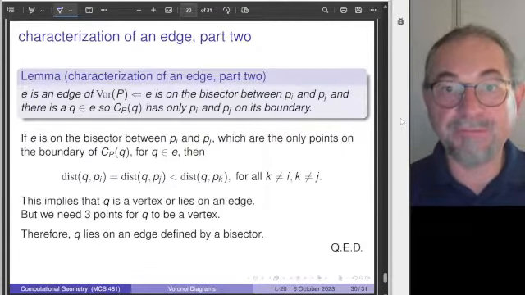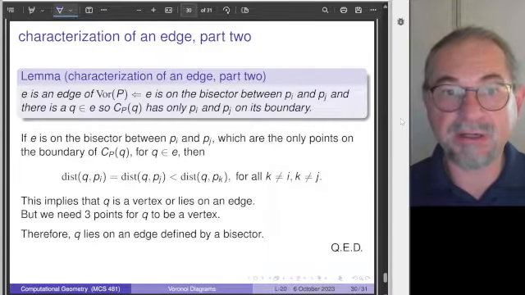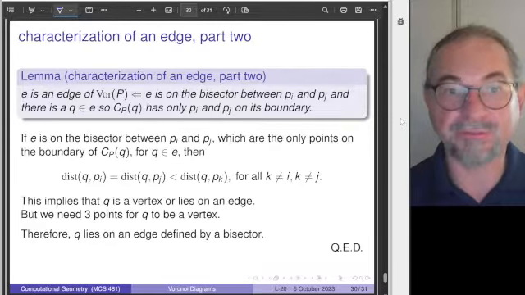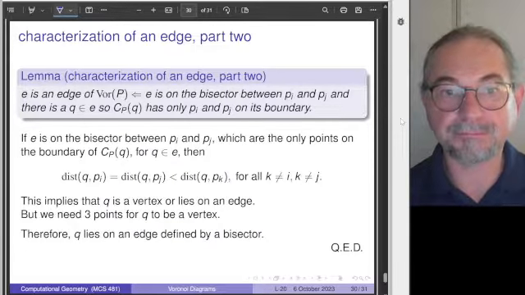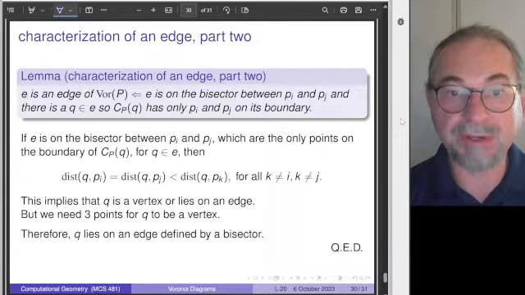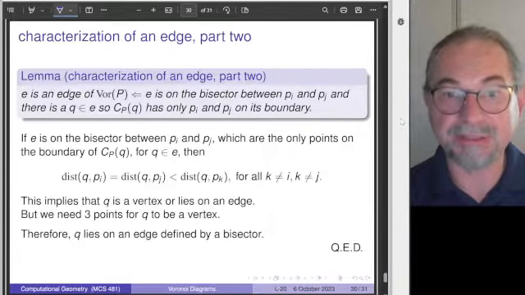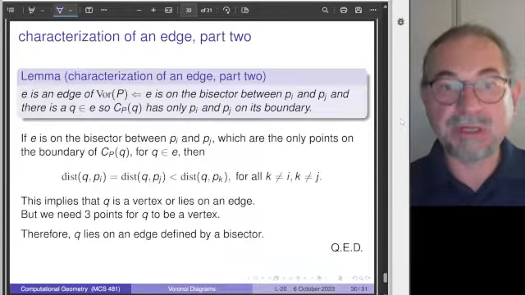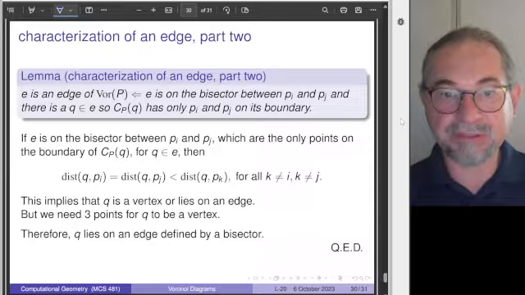In the other direction, if we have an edge on the bisector, and a largest empty circle with a point on the edge, then that edge must be an edge of the Voronoi diagram. What is the property on the bisector? Well, if you are on the bisector, then you are at the same distance, and no other point is closer.